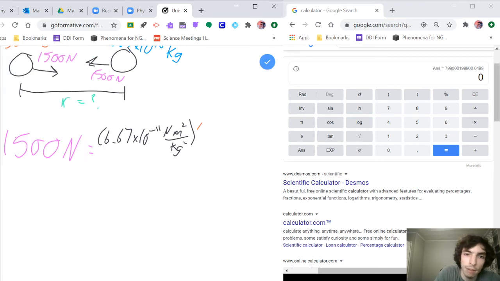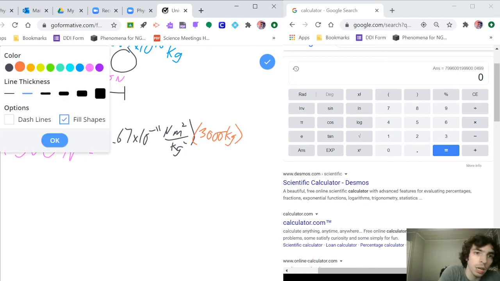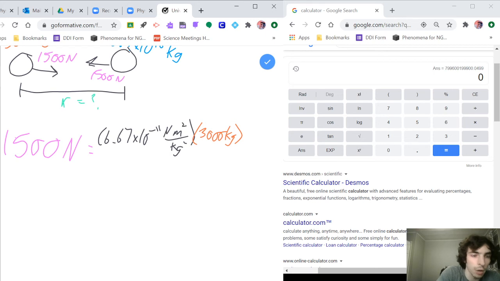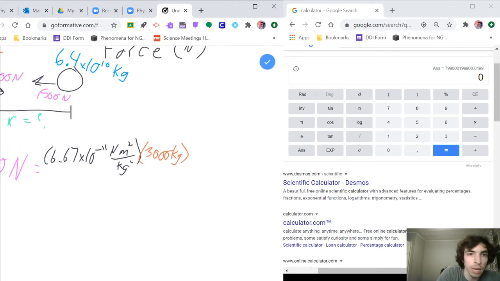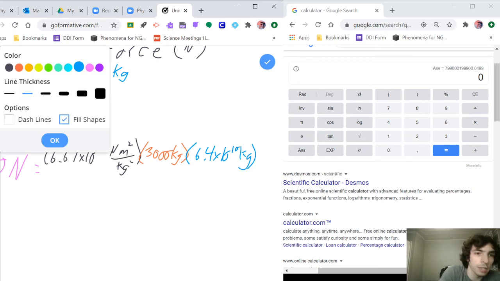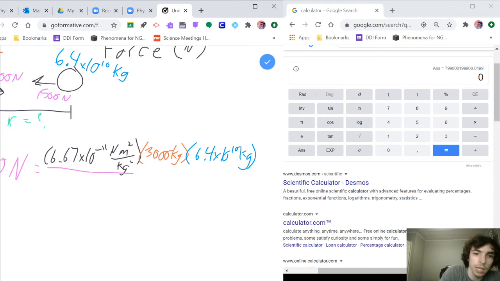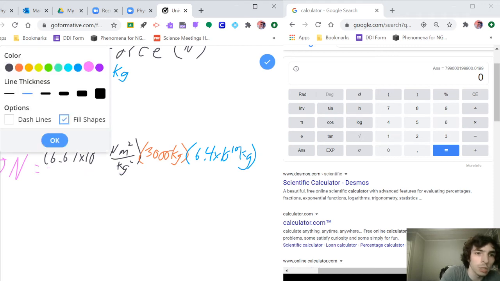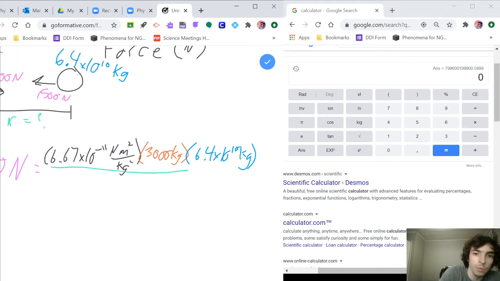So we still have our friendly 3,000 kilogram mass, times the other mass now of 6.4 times 10 to the 10th kilograms. And then all of that is divided by some distance that we do not know.